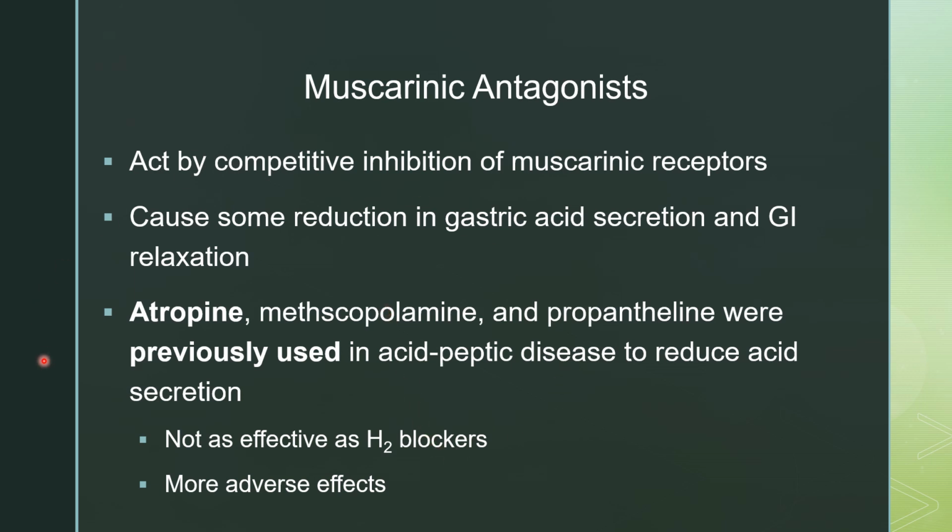These are your atropine, your methscopolamine, and your propantheline, which were previously used in peptic disease to reduce acid secretion. But they found out that they are not as effective as your H2 blockers, and they carry more adverse effects.